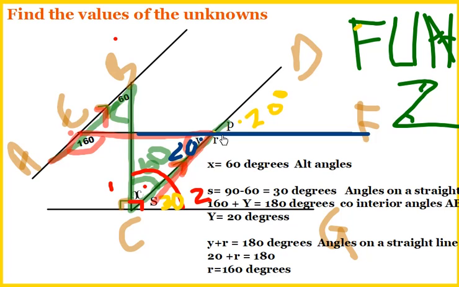I went this long way round because I just wanted to show you that if you don't notice the shape or letter F, U, or N, you can always go the long way round and you'll still get the answer. But we can clearly see that if this one is 160 degrees, then there were actually corresponding angles.